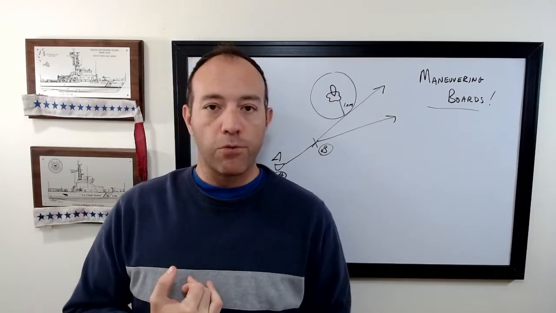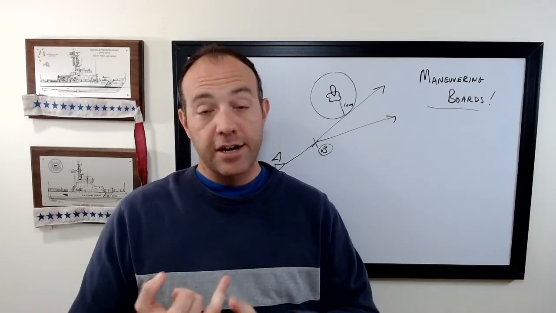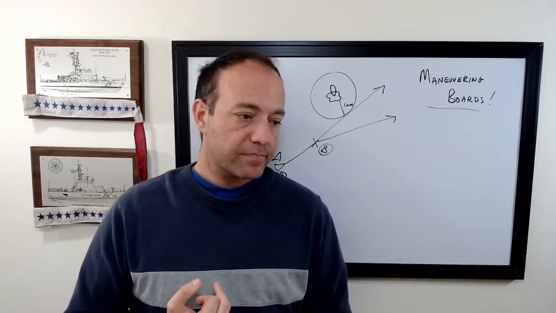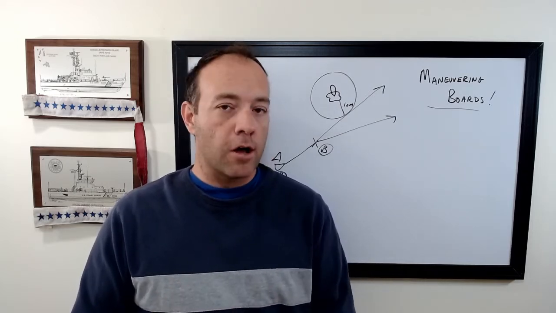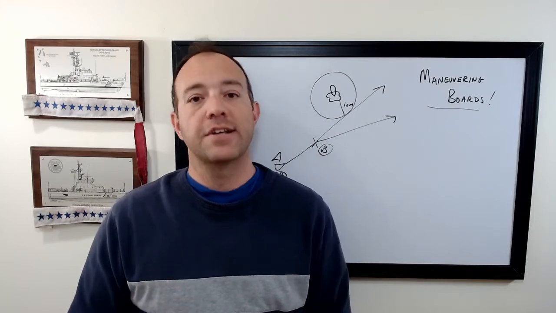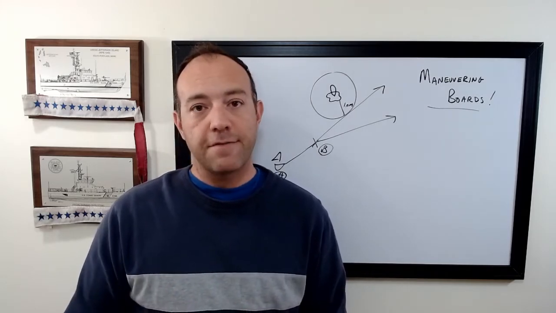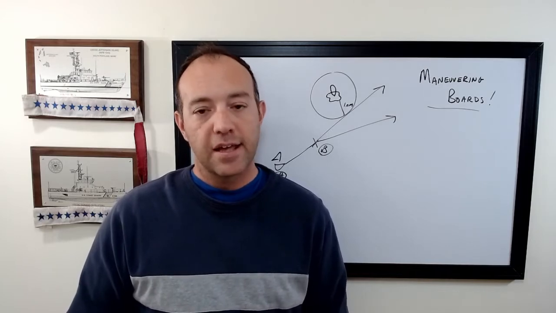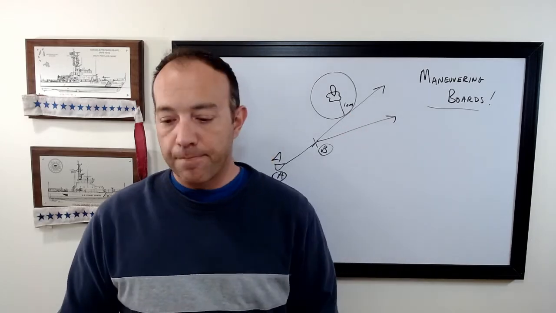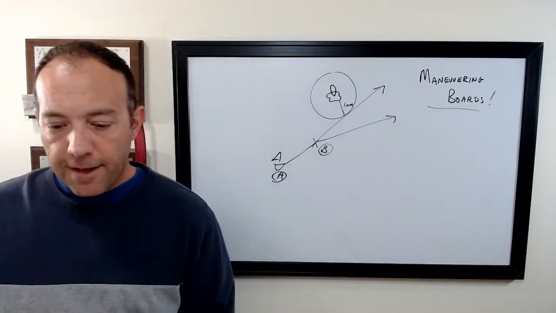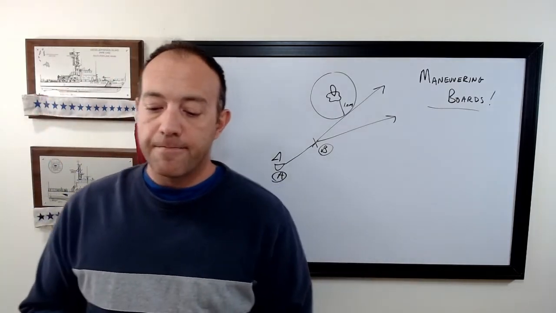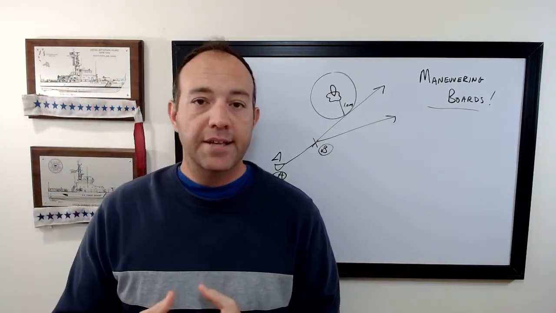You can use it to avoid contacts, radar contacts. You can use it to intercept them for law enforcement purposes or search and rescue purposes. And then finally, like we did tonight, you can use it for navigation problems like avoiding lights at a certain distance abeam.